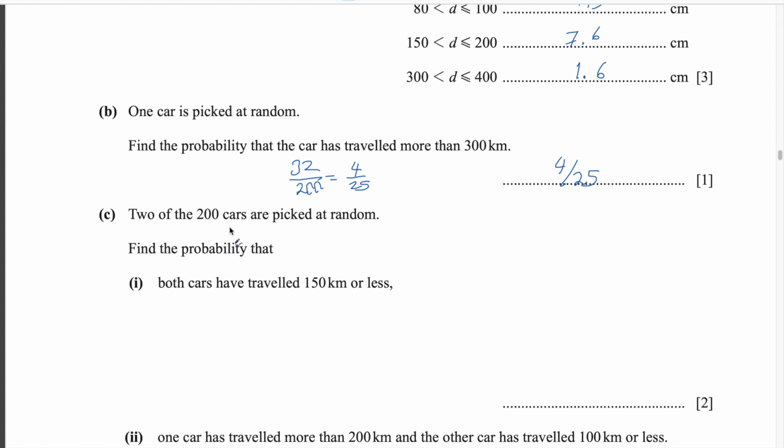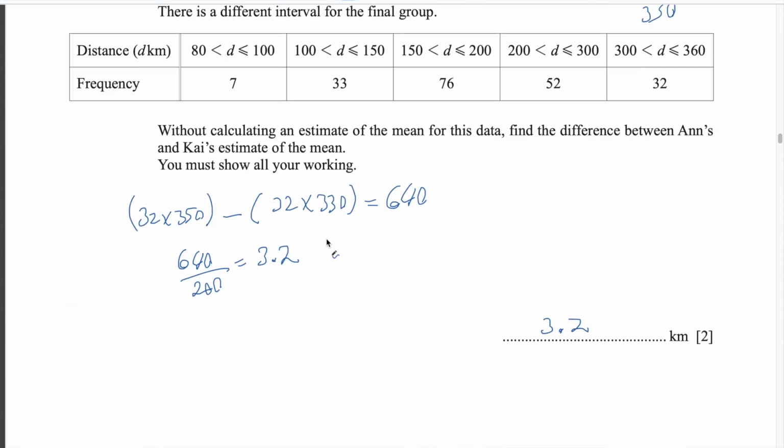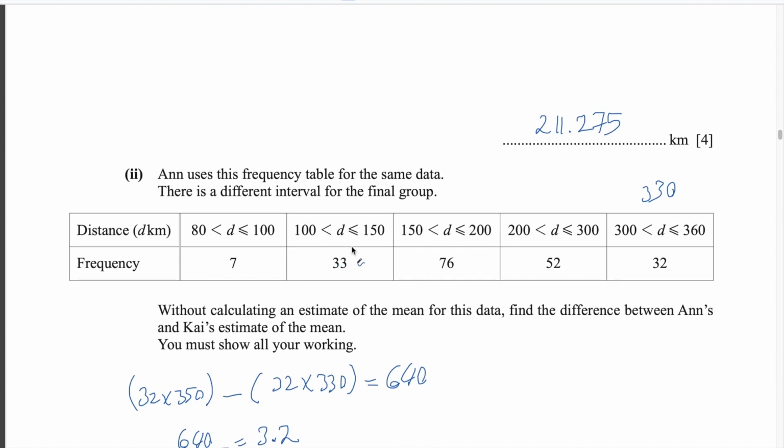It says two of the 200 cars are picked at random. Find the probability that both cars have traveled 150 kilometers or less. So 150 or less, so these two intervals will be considered.